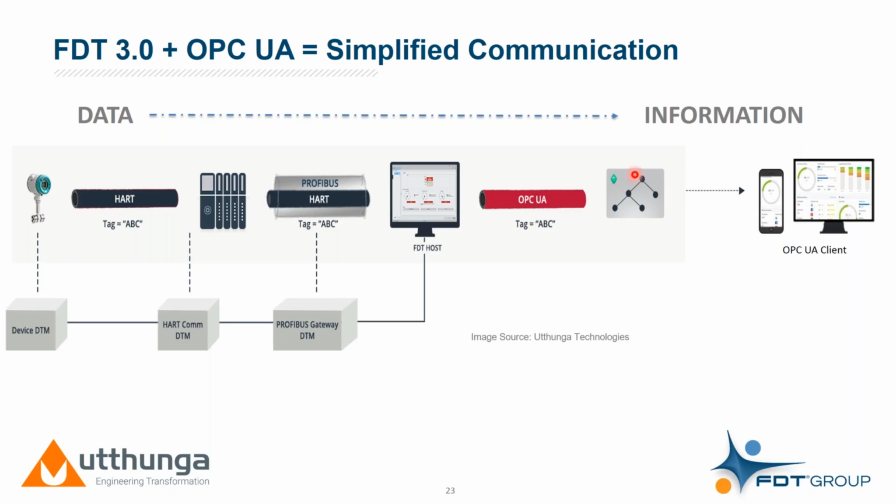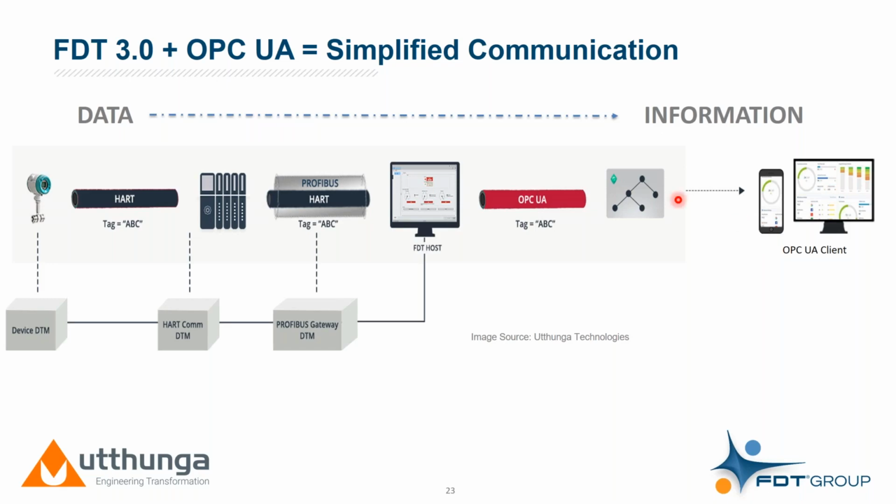That means along with the process value, like a temperature, it will also be associated with its unit, its EU range, and its LRL, URL cutoff. All this information will be bundled and shown, so the OPC UA client at the upper layer can make a more informed decision and interpret it in a much better way. This is an advantage of having OPC UA capability in the FDT world.